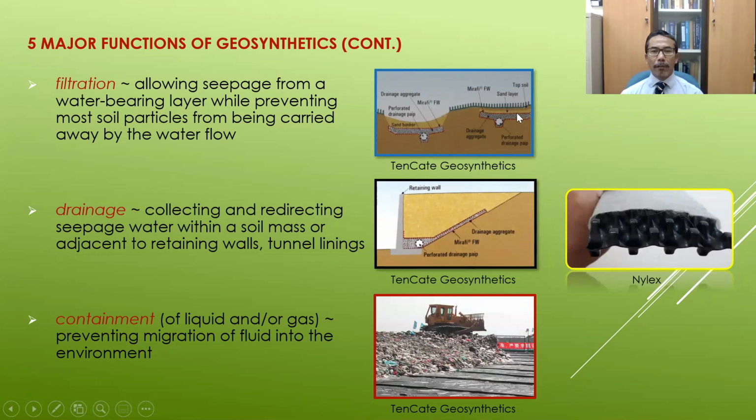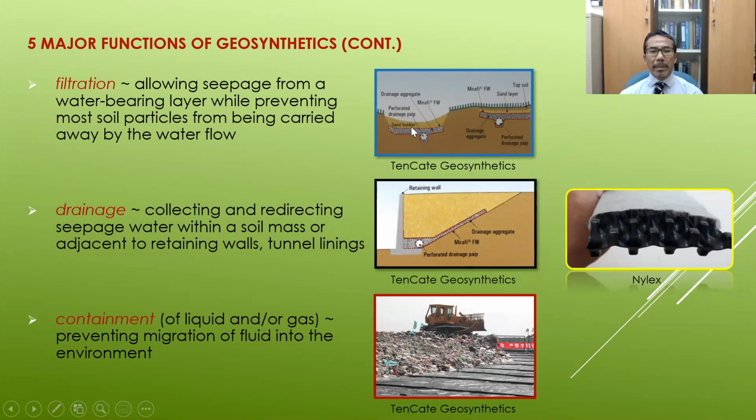Let's say this is a golf course, and we have a sand bunker here. At the bottom of this sand bunker, there's a subsoil drainage system, consisting of a perforated pipe here, and a drainage system consisting of what we call aggregate or gravel with high permeability, and these aggregates are wrapped or encapsulated by geosynthetic sheets or geosynthetic materials.